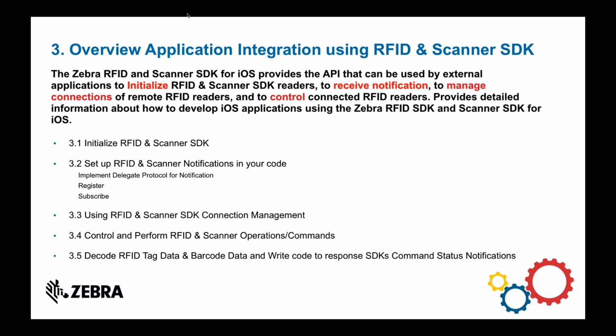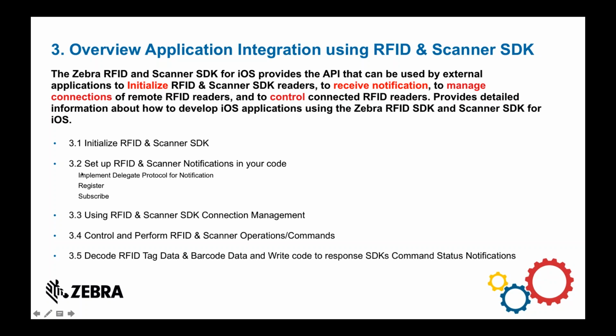Step 1, initialize the SDK for RFID and Scanner. Step 2, you need to set up RFID and Scanner notification in your project. There are 3 important steps: you need to implement the dedicated protocol for notification, and then you need to register, and also subscribe to events.